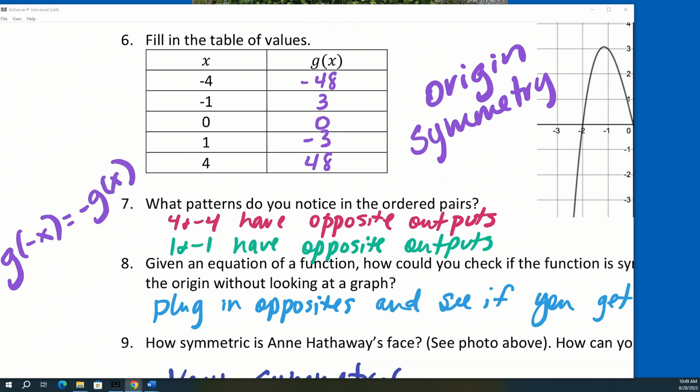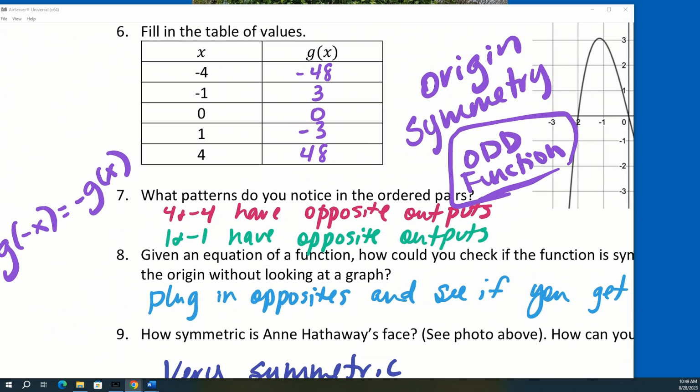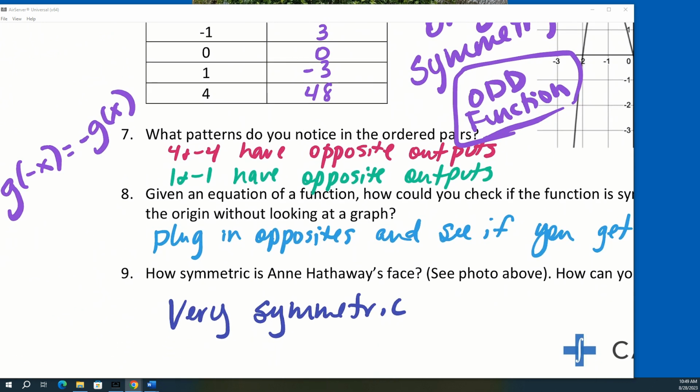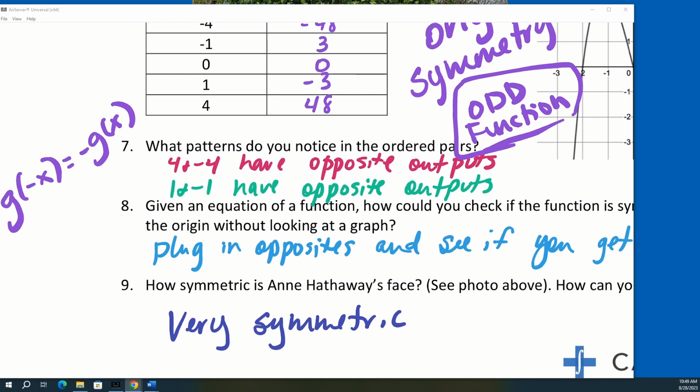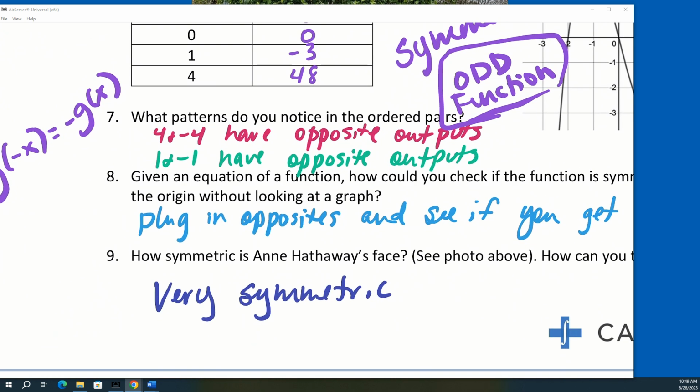And that's what happens when you have an odd function. And some things you could do if you had the equation, plug in opposites, make sure you get opposites if it's odd.